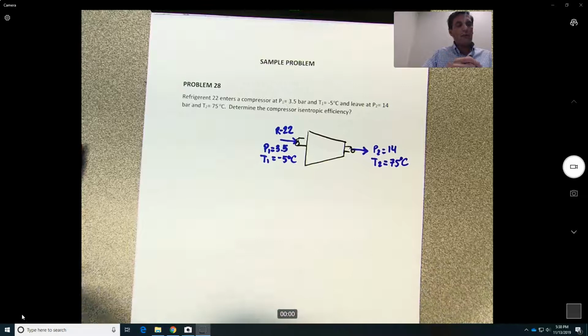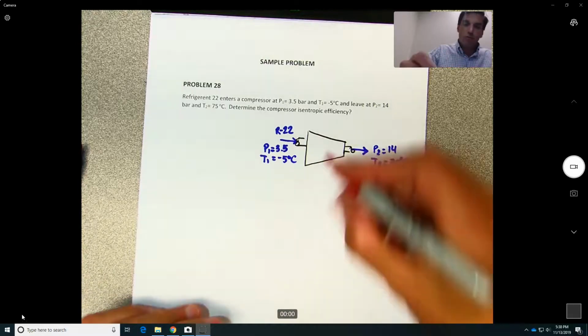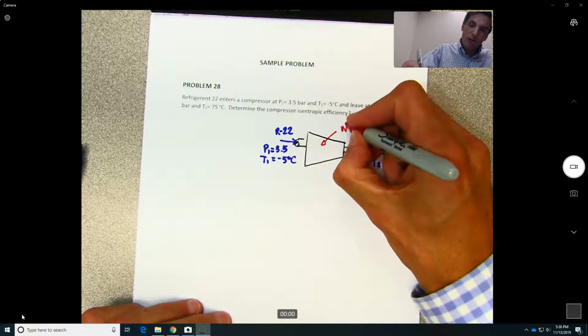Okay, and we know that a compressor, in order to work, requires power or work.